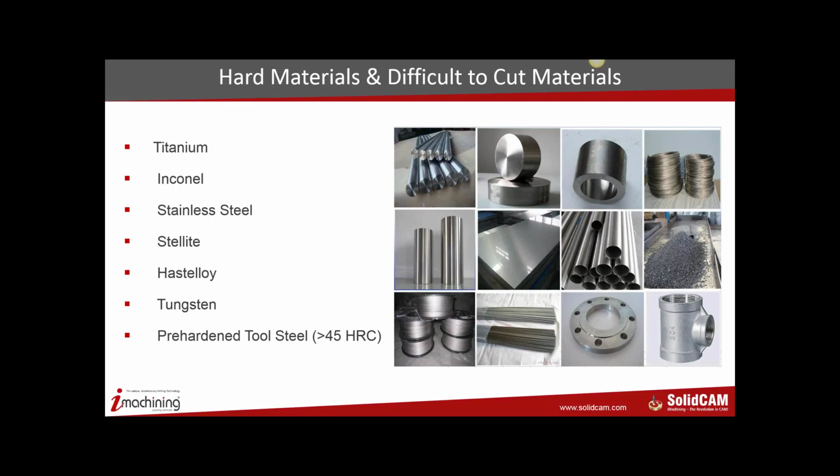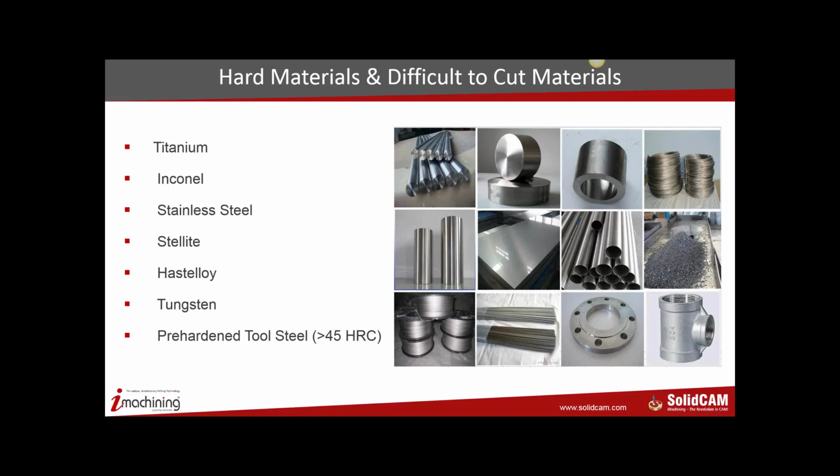You'll also notice that companies that machine these parts have stronger machines. They have much higher torque, much higher power on their spindle, and above all, they have more RPM. There is a general belief that the power needed to machine these alloys is almost double that needed to machine alloy steels.